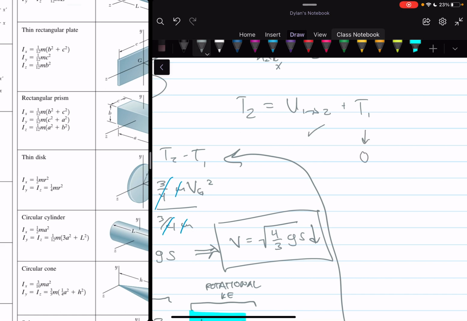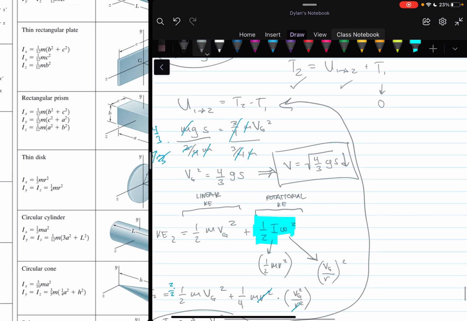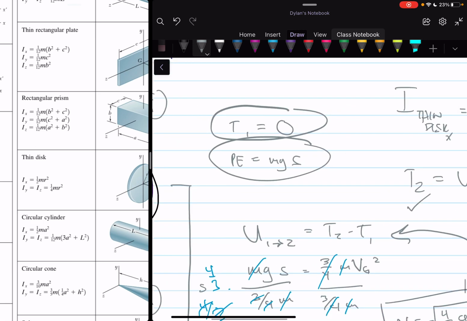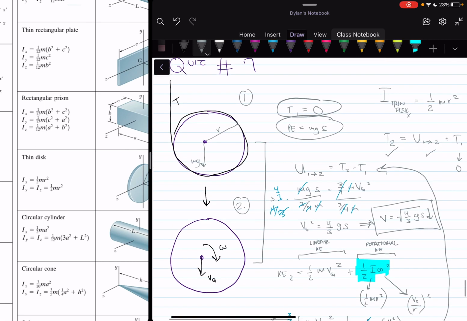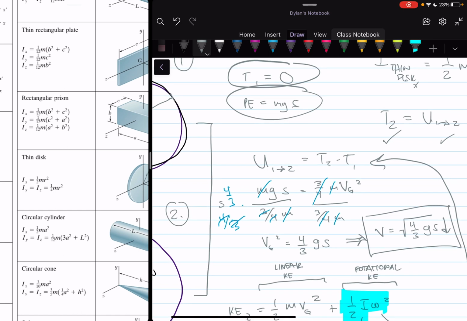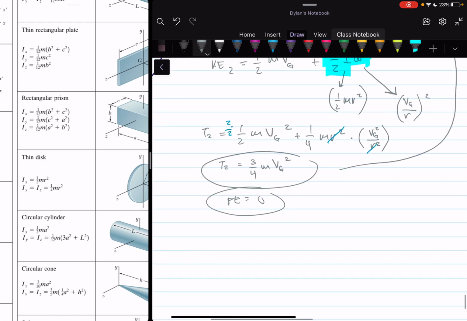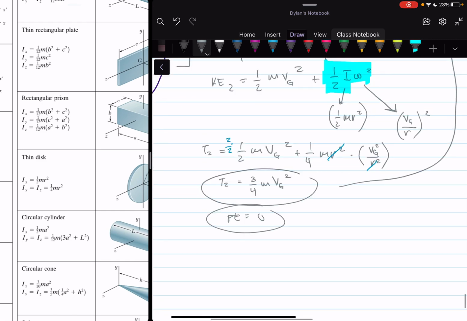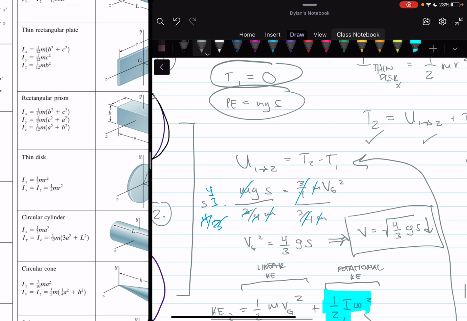We know this and we know this, and right here is where we plug it back in. So mg times the distance, which is the work done by gravity, and then we got 3/4 mv squared for the kinetic energy.